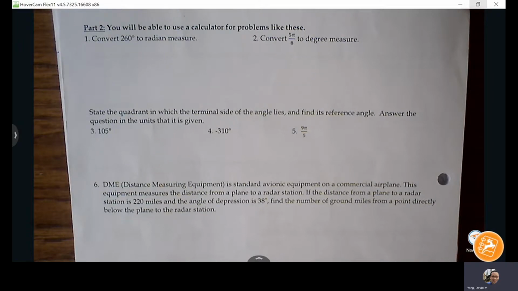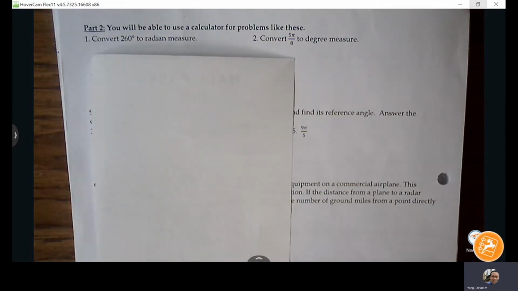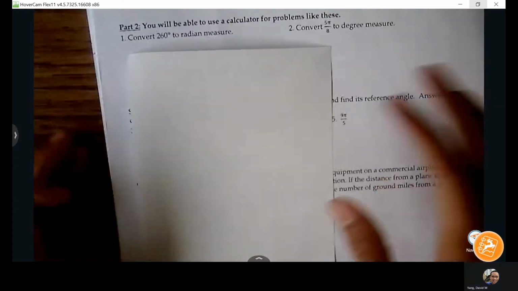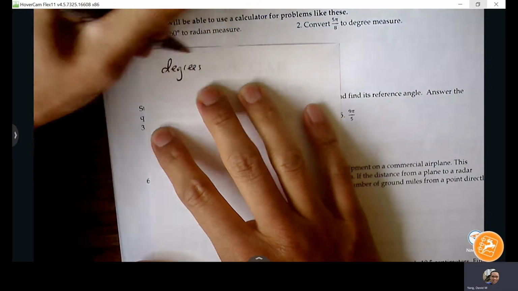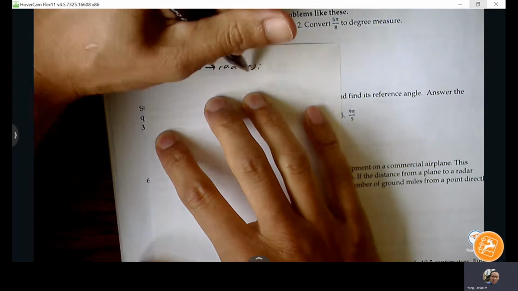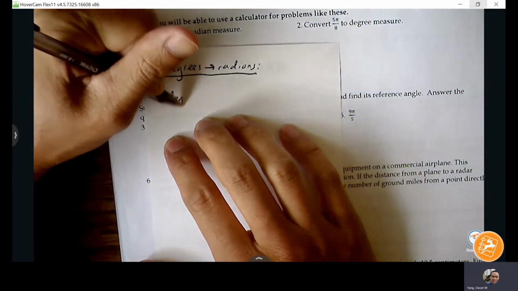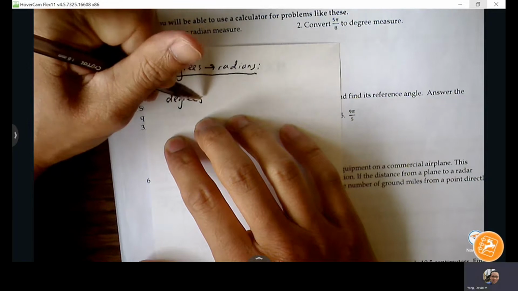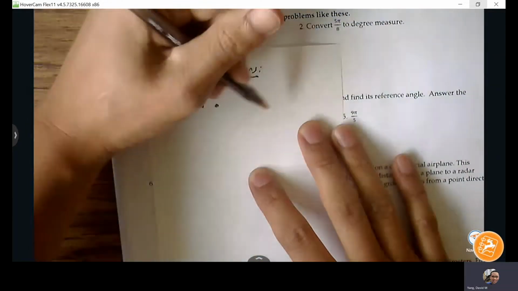Just to refresh your memory, anytime that I want to convert from degrees to radians, I'm going to take my angle, which is in terms of degrees, and I'm going to multiply it by what?